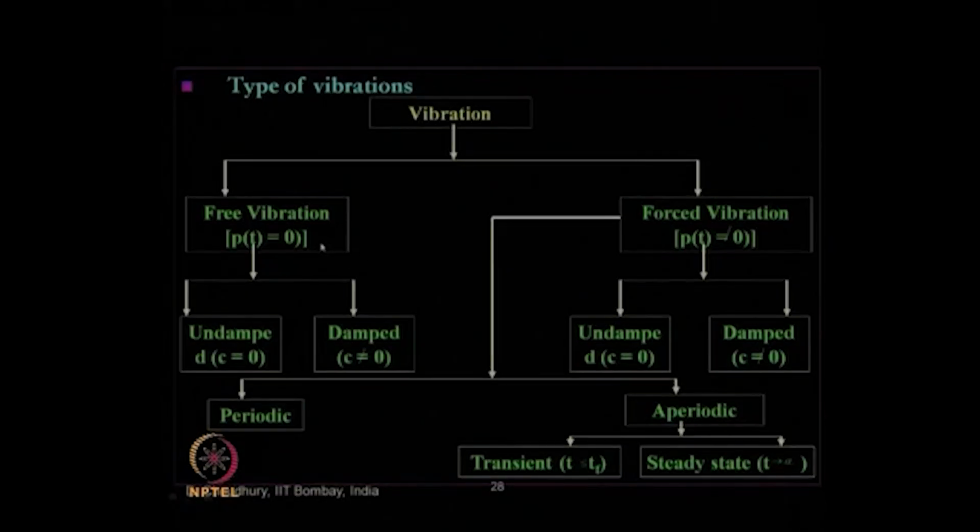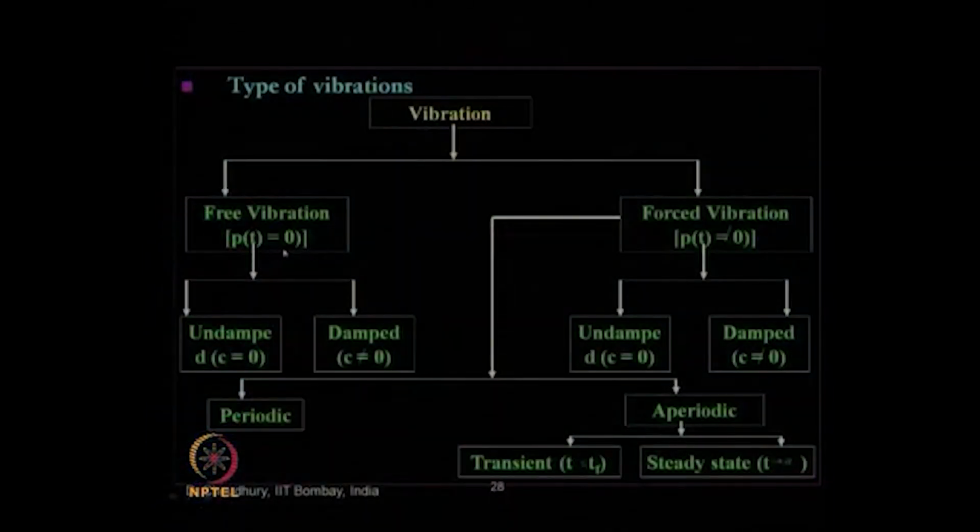That is why either the initial displacement or the initial velocity, or the combination of them, should be non-zero when we are considering a free vibration, because there is no other externally applied dynamic load acting on the system. So, it is trying to vibrate freely. So, that p of t should be 0 in that equation, that is called free vibration.